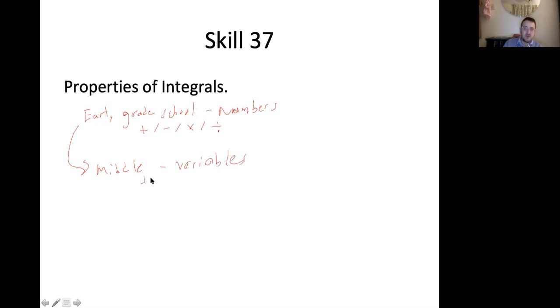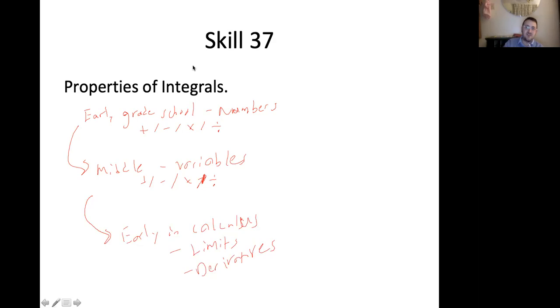And we learned that we could subtract, add, multiply, and divide, do things like the distributive property. And then early in calculus class, we learned that the same properties exist in limits and derivatives. So the question is, can that extend to integrals?